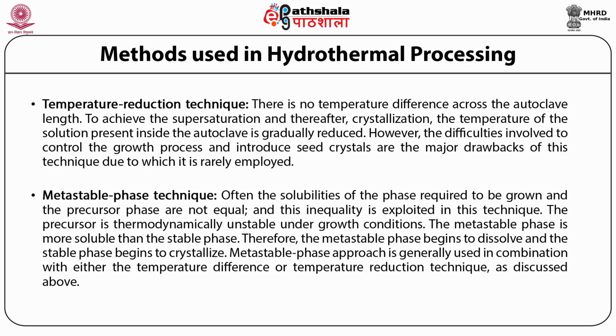The metastable phase is more soluble than the stable phase. Therefore, the metastable phase begins to dissolve and the stable phase begins to crystallize. Metastable phase approach is generally used in combination with either the temperature difference or temperature reduction technique as discussed.